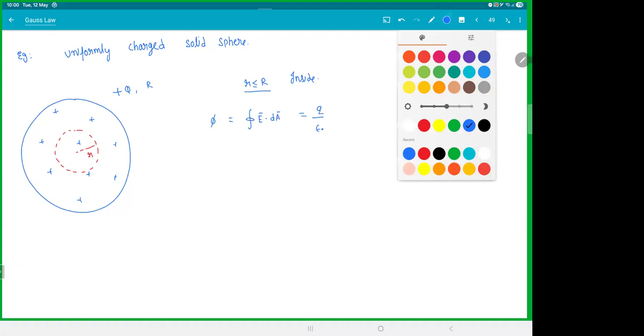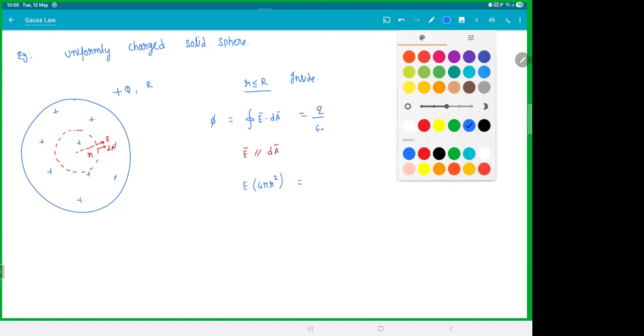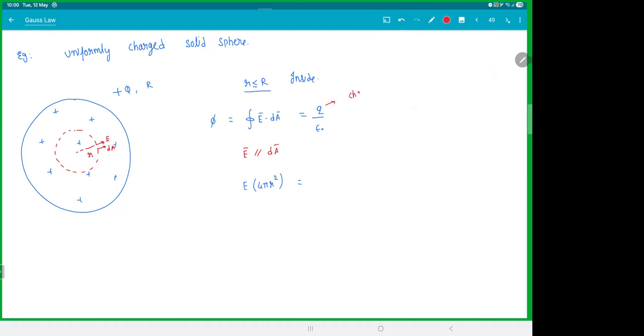You can clearly see here by symmetry, the field will be radial. The area vector also will be radial. E bar will always be parallel to dA. This would be E, and the area of this surface is 4 pi r square. So you want to find the charge inside this red sphere, right? This Q is the charge up to small r. That would be rho, charge density, into 4 by 3 pi small r cube.